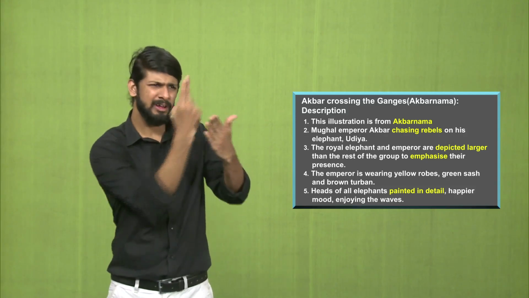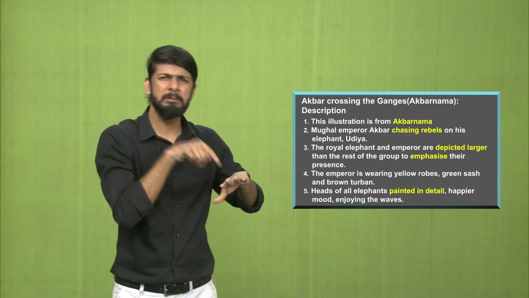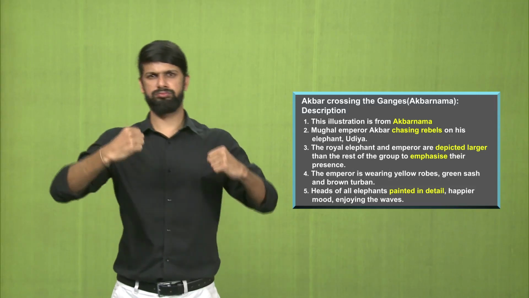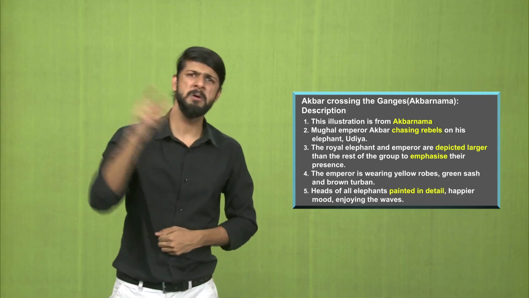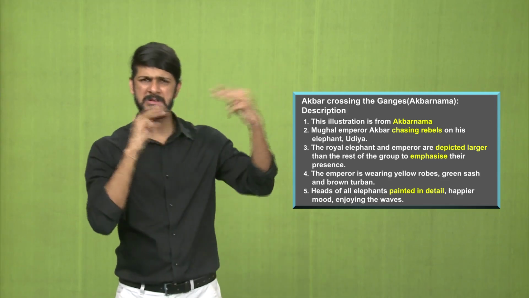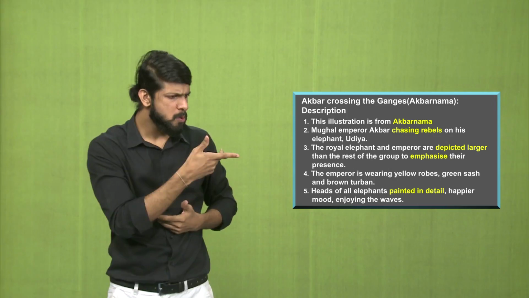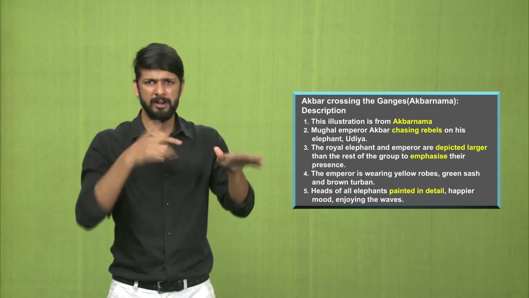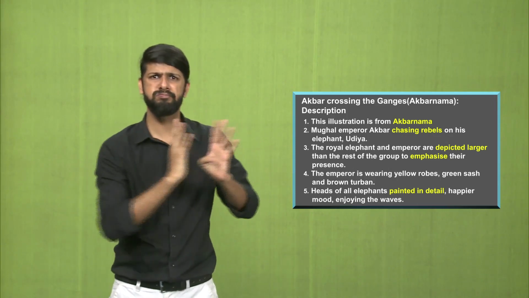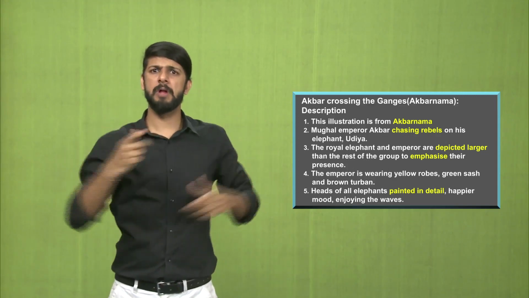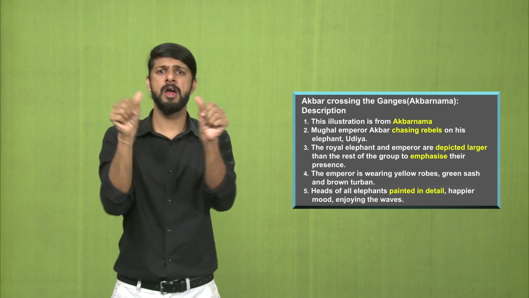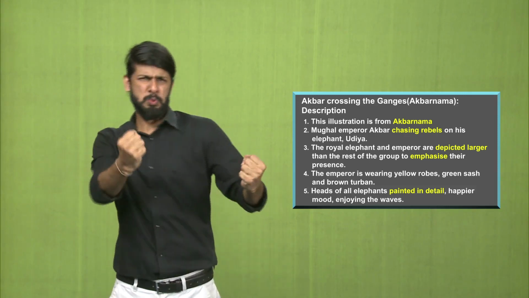The Mughal Emperor Akbar is chasing rebels, and Akbar's own elephant is Udiya.